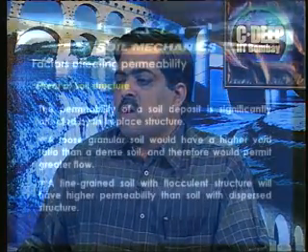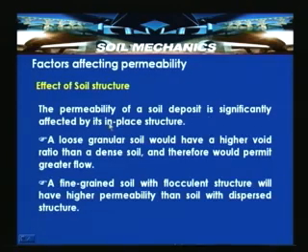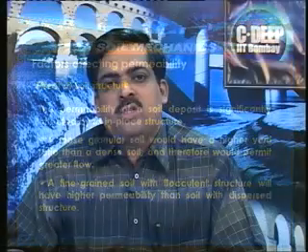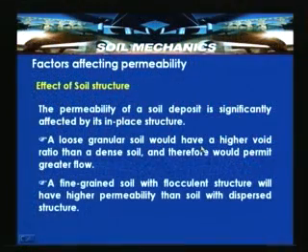Another important parameter which influences permeability is the soil structure. The permeability of a soil deposit is significantly affected by its in place, that is in situ, soil structure. A loose granular soil would have a higher void ratio than a dense soil and therefore would permit greater flow. That is why we discussed that well graded sand has low permeability compared to uniformly graded sand.